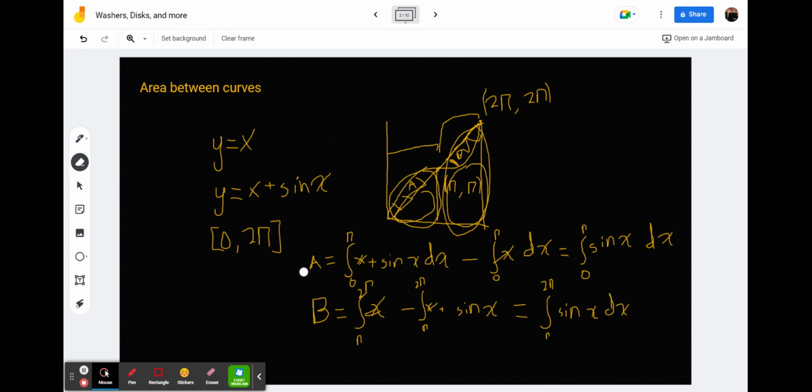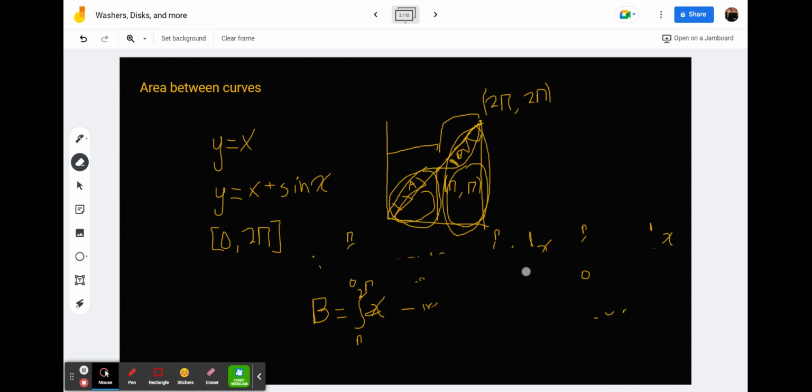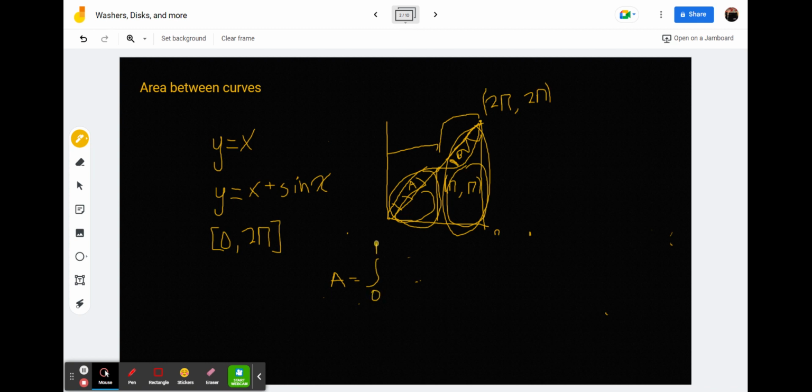So let me just erase this and then rewrite it so we have some more room. So we know that A is equal to the integral from 0 to pi of sine x dx.